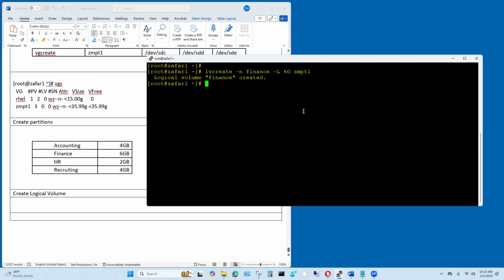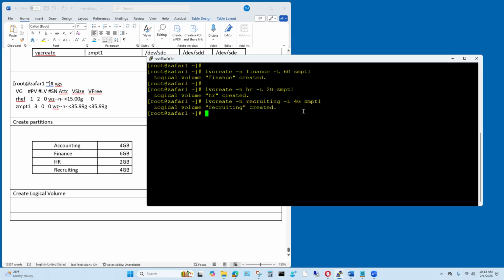And then what do we have? HR, right? HR is how much? 2 GB. And then recruiting is 4 GB.